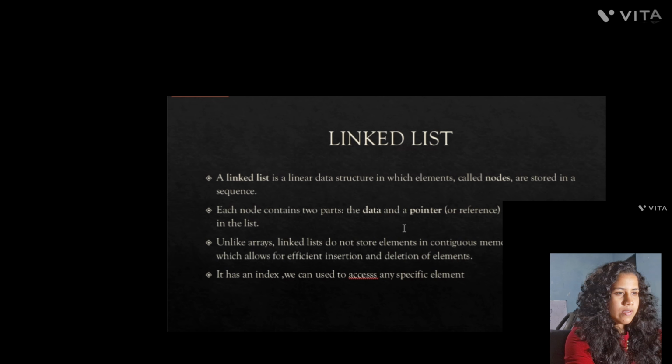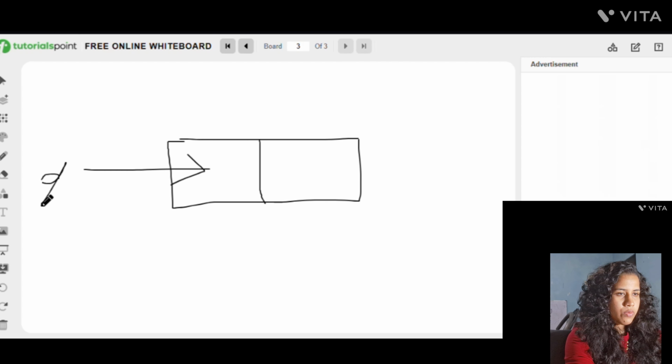So here, if we think this is a node, there are two parts. This is the data part and this is the link part.